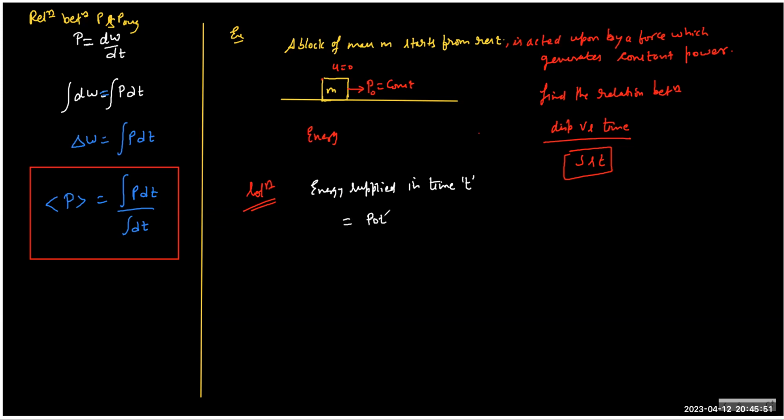Now, if this is the energy supplied, how will the block exhibit it? Energy supplied is equal to the kinetic energy of the block. The block has only one energy, which is kinetic, isn't it? And this is P not into t. So we get the direct relation of V and t. So V square is how much? Two P not t by m.